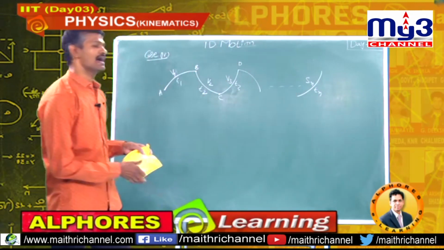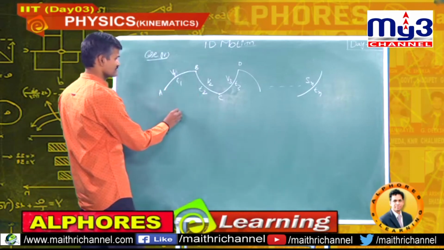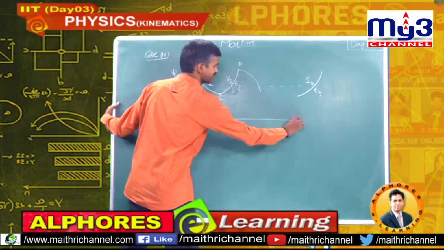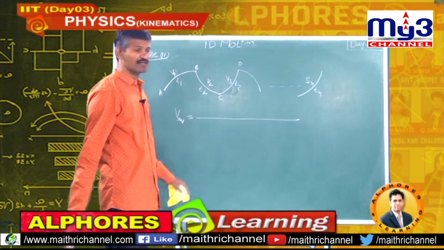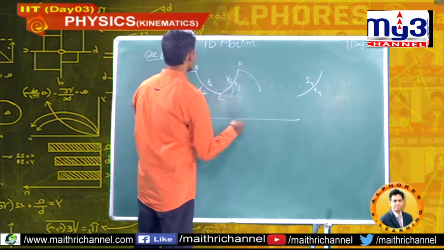How to calculate the average speed in this case? What is the definition of average speed? Don't forget the definition; the definition is important. The definition is the total distance travelled by the body divided by the total time.